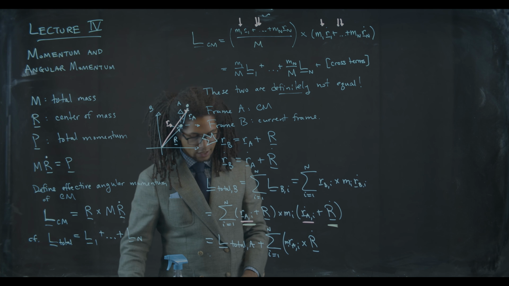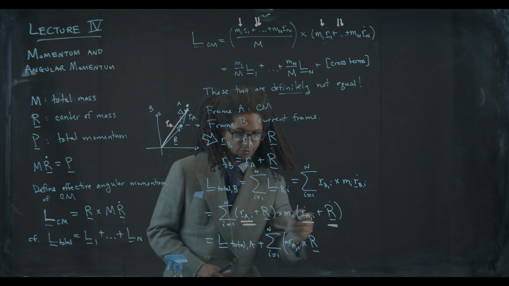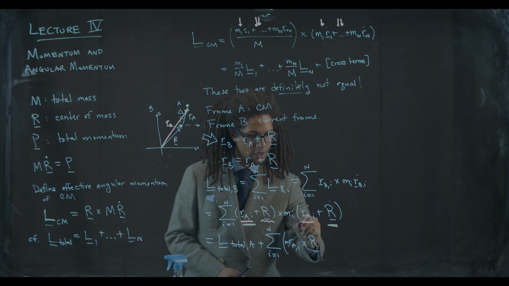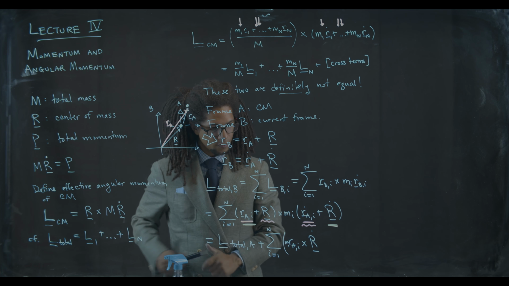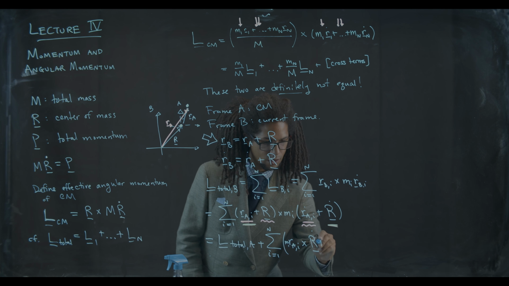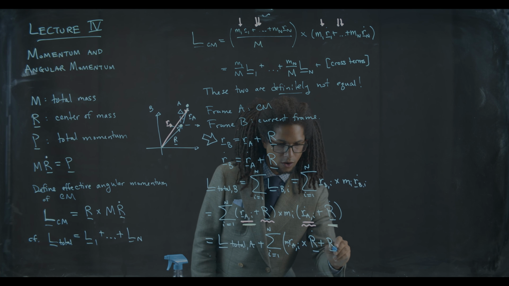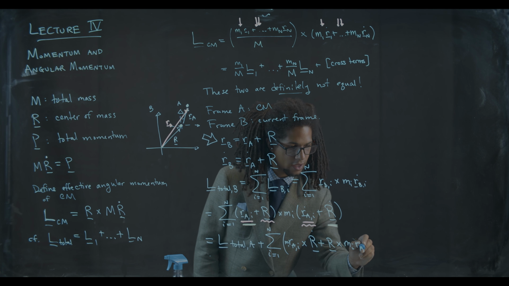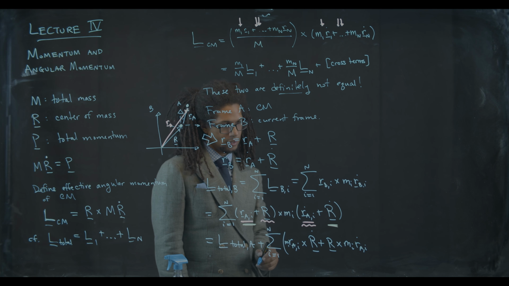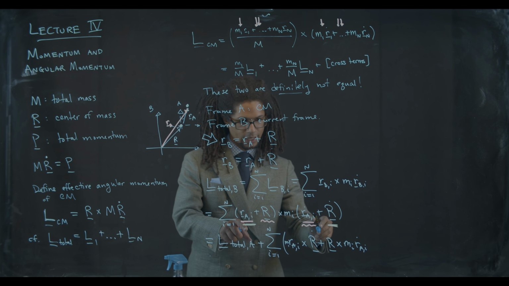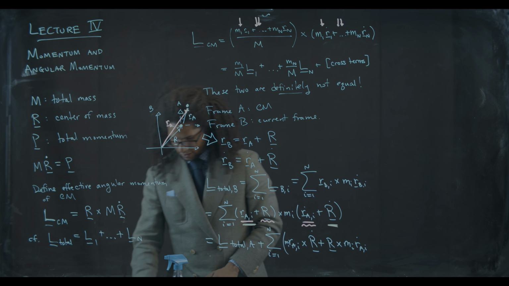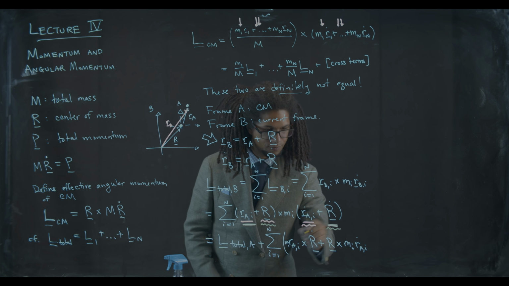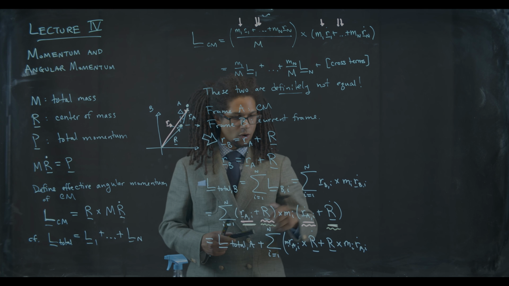Okay, the next thing that we're going to do, I'll use wavy lines, I guess, for this, is cross this with this, plus R cross m_i R_A,i dot. Okay, and then lastly, we get this term. So we're going to cross R with R dot.